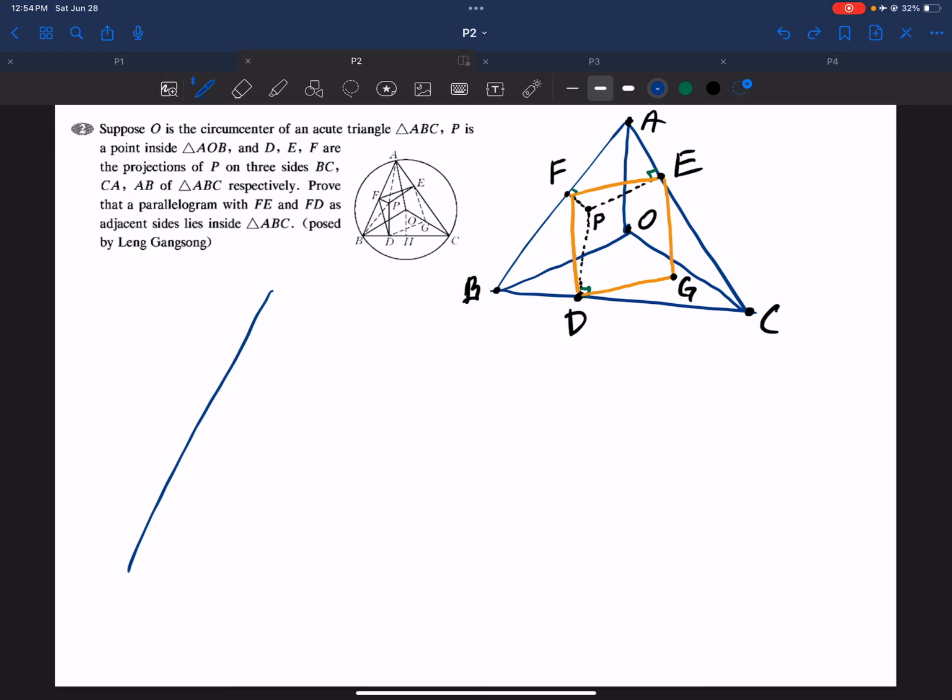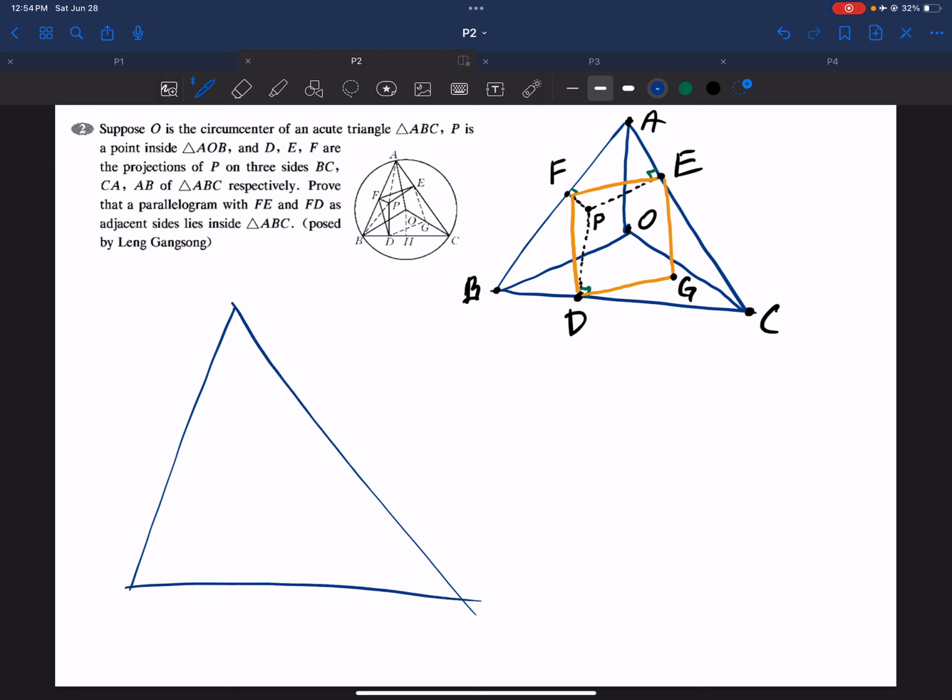No, I want it bigger. Bigger is better. This is the case where the size matters. Say that this is our O, roughly.